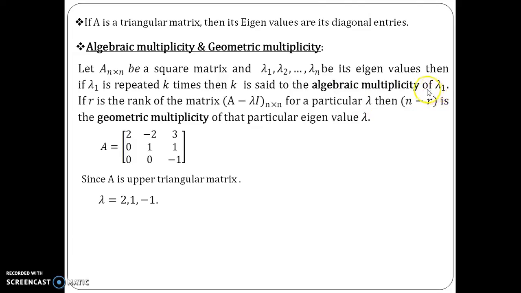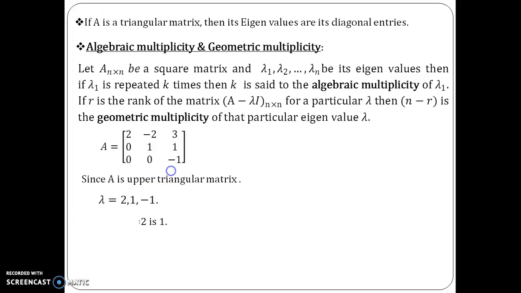Remember that you calculate algebraic multiplicity for every eigenvalue. It is not for all the eigenvalues at one and the same time. For each eigenvalue you have to individually calculate. So over here lambda 1 is 2. It is repeated only one time.